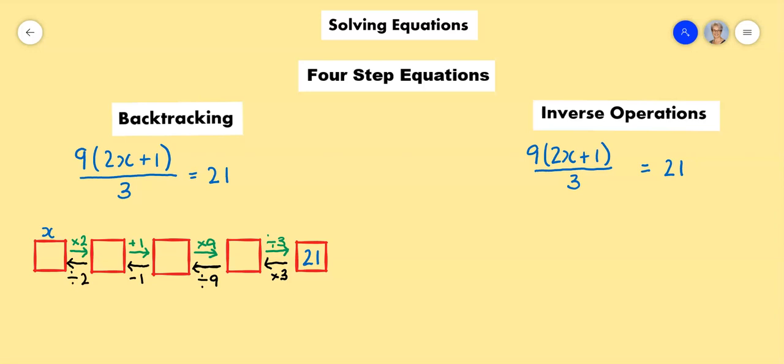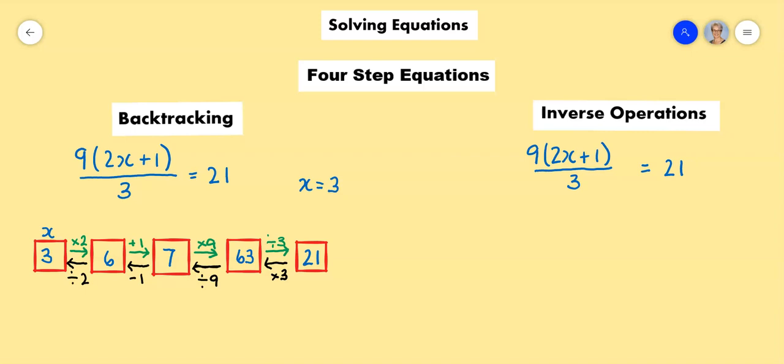So now let's backtrack to find our answer. 21 times 3 gives me 63. 63 divided by 9 gives me 7. 7 minus 1 gives me 6. 6 divided by 2 gives me 3. So our final answer is x is equal to 3.